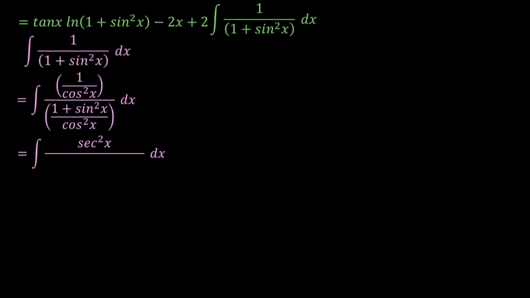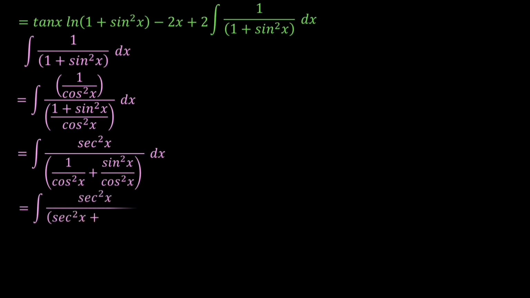Then we have 1 over cos² x plus sin² x over cos² x. 1 over cos² x equals sec² x. Sin² x over cos² x equals tan² x. Then we have the integral of sec² x over (sec² x + tan² x).